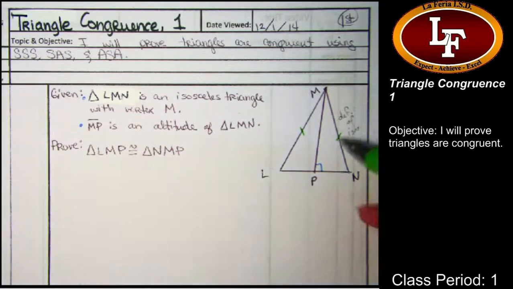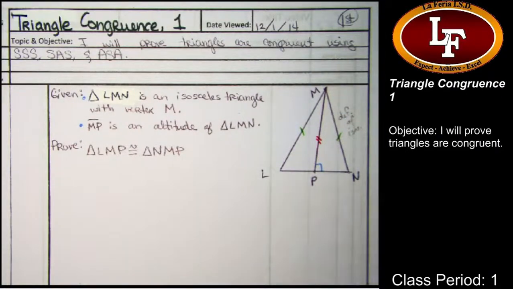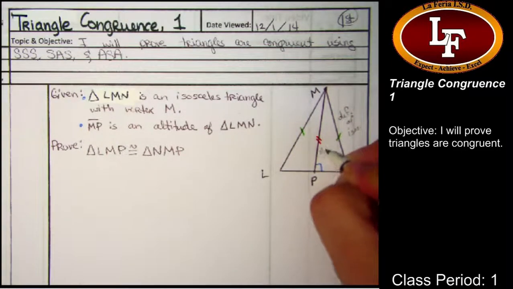All right, so now we know these two are congruent to each other. We know that this segment is going to totally be congruent to itself because it's the same segment, right? Yeah, so that's called the reflexive property. So I'm going to jot it down in here.